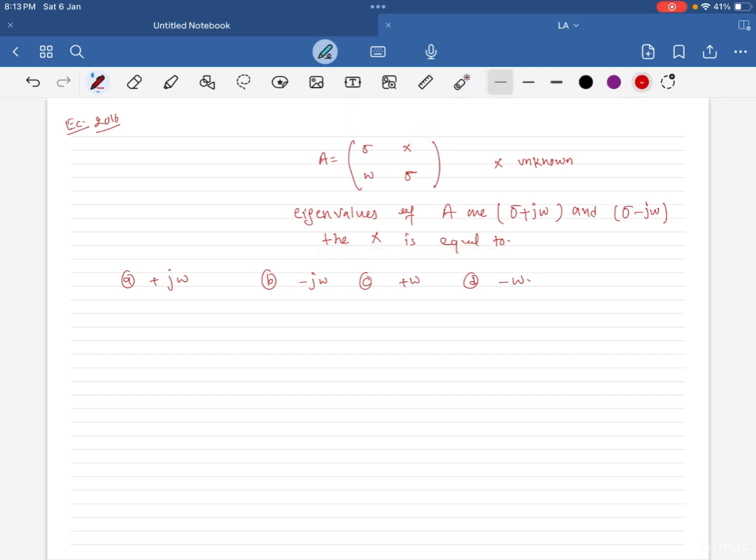So what we can do is, since this x is involved, we will have to take the determinant of this matrix.